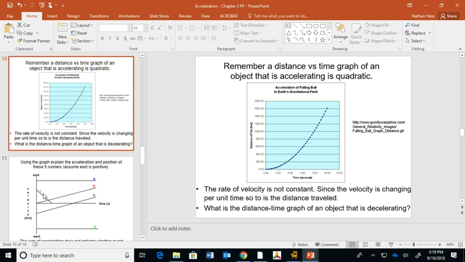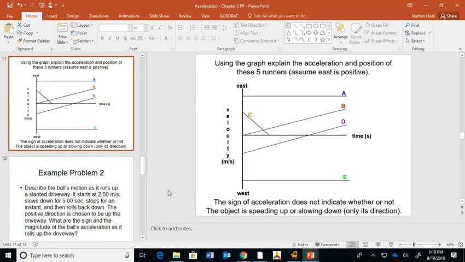All right, let's look at this graph that's on top of page 63. It is showing you 5 different motions. I want you to pause this video, and in your table groups, describe the motion of these five objects.